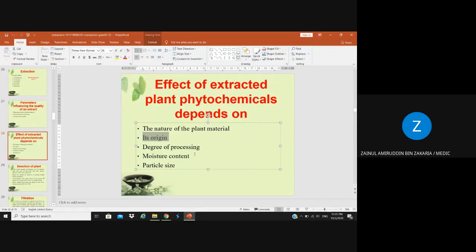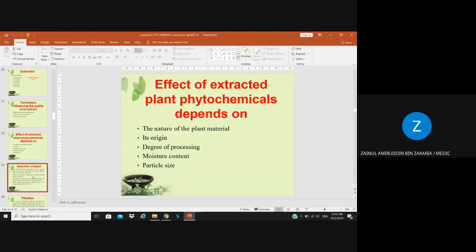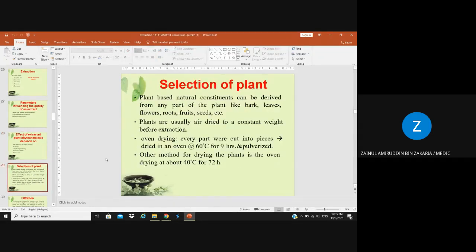If too moist, then you will get less phytochemical, for example, and then the particle size used when you are grinding, whether it is too small or too big. Okay. So this will all affect the extraction of phytochemicals. Okay, this one you just read, selection of plants. Okay, which part that you will use.